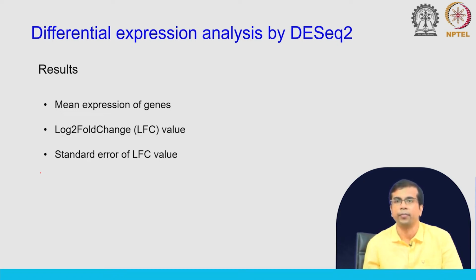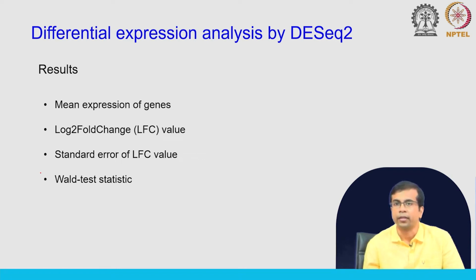We will get something called log2 fold change, which is actually looking at the differential expression, right. How much is the difference in expression of a gene between two sets of samples, whether it is disease versus healthy or condition 1 versus condition 2. It will also give us the standard error of the LFC value. Okay. So, how much error is there in the estimation.